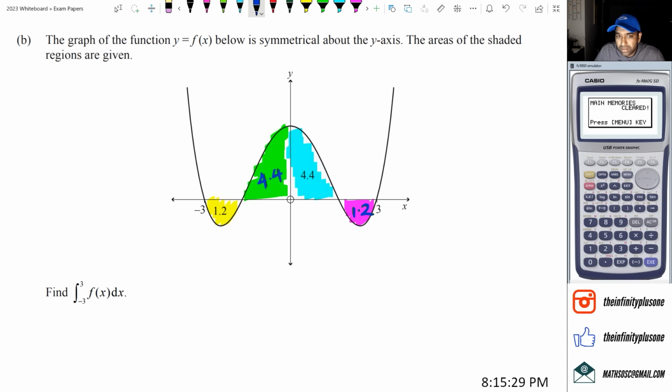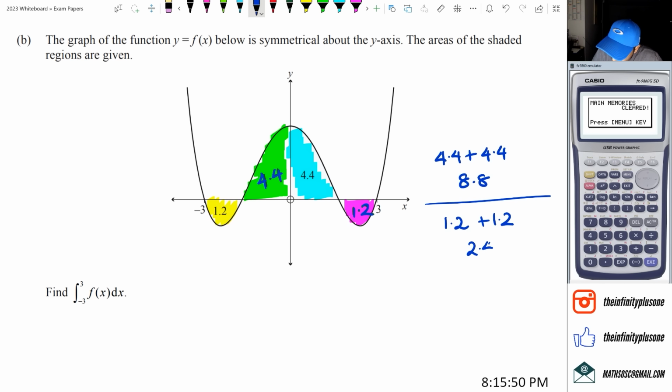Now, here's the thing though. You've got area above the x-axis, and area below the x-axis as well. The area above the x-axis is 4.4 plus 4.4, which equals 8.8. Below it, you've got 1.2 plus 1.2, which equals 2.4.